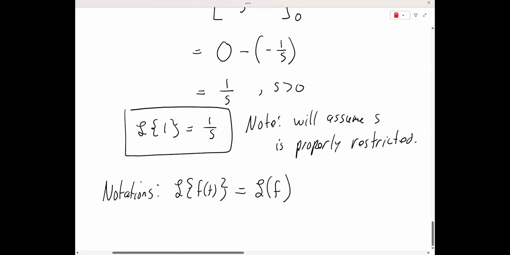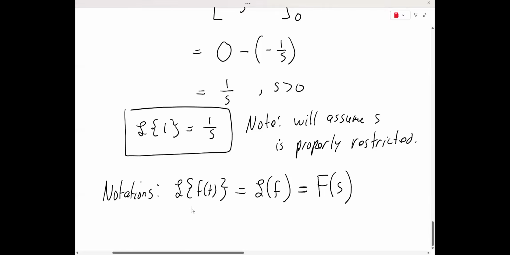That's another notation you might see. It means the same thing. And then another notation is capital F of s. So these all mean the Laplace of f of t. So it's basically three different ways you could write it for the Laplace transform.